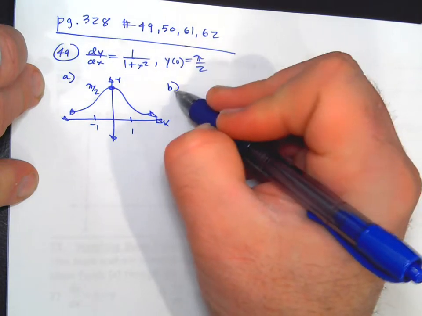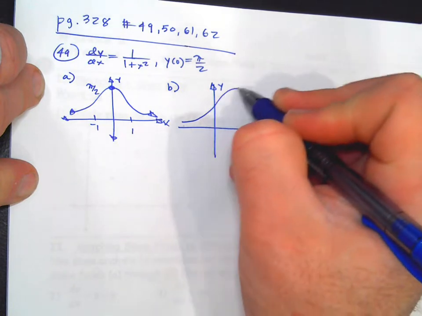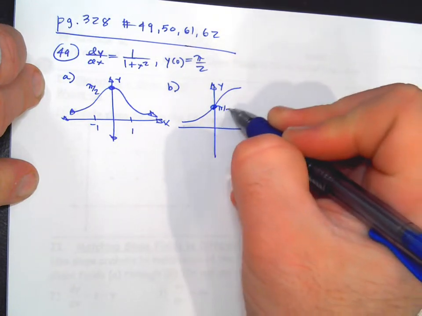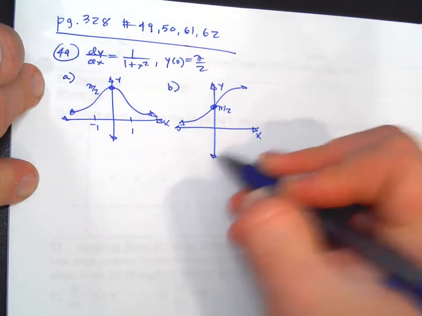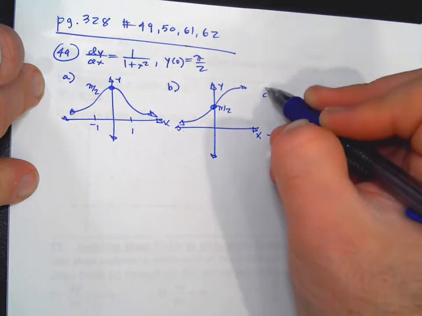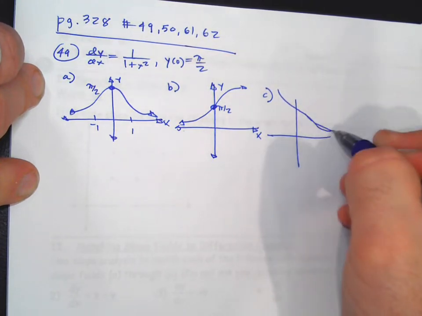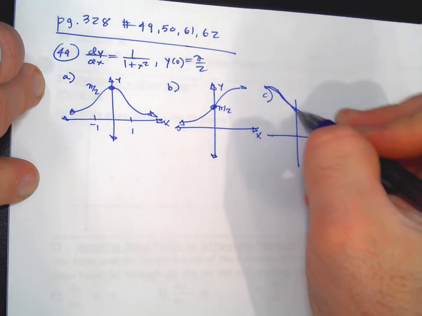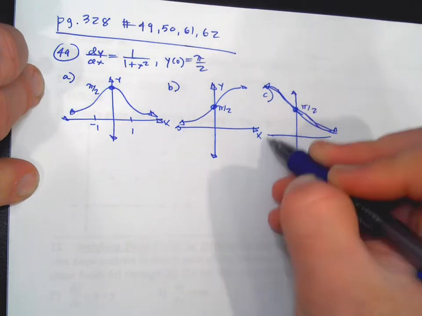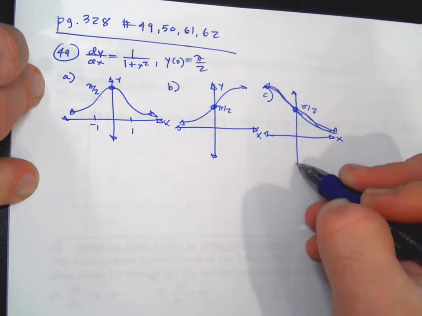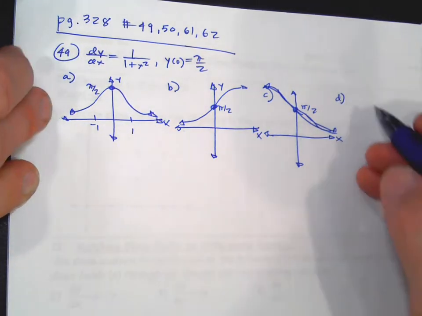So that's A. That's B. C. Trying to sketch this right. And a lot of these have pi over 2 on them because that's the initial condition, so I think that's it, A, B, and C.